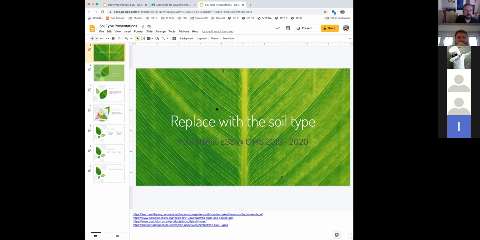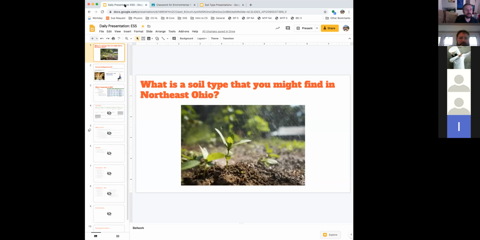So one last time, just start with this first slide. The links will help you out. Let's go back real quick to the presentation. Let me reiterate a couple things. So what is a soil type that you might find in Northeast Ohio? Hint, hint.